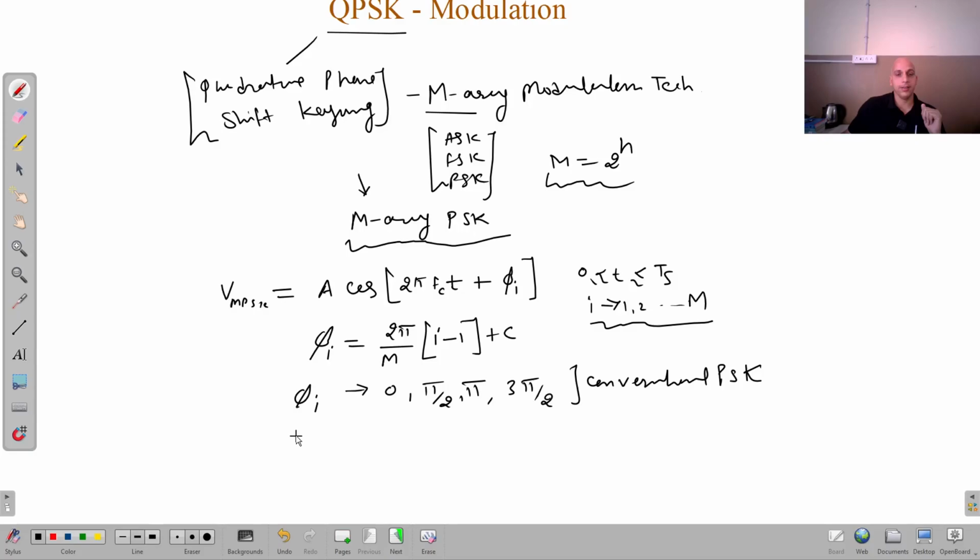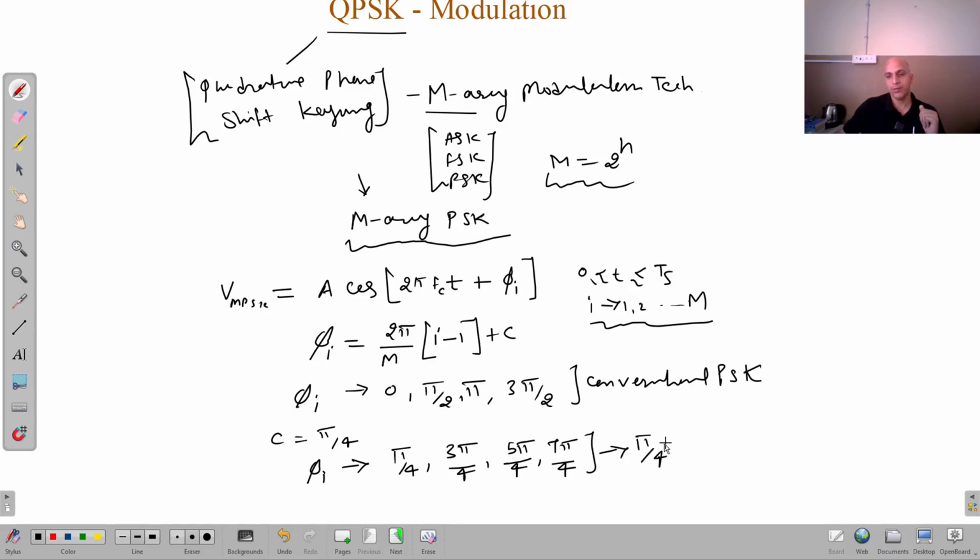But if we take C equal to pi by 4, then I got the value of phi i. I have explained it in the early lecture also. It was pi by 4, 3 pi by 4, 5 pi by 4 and 7 pi by 4.